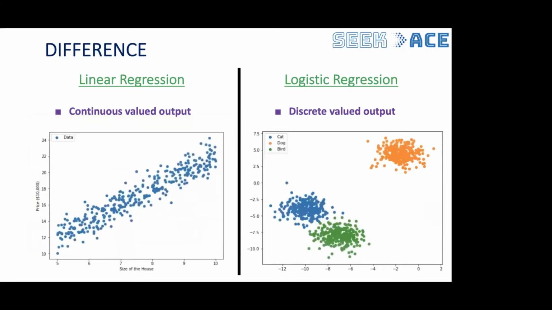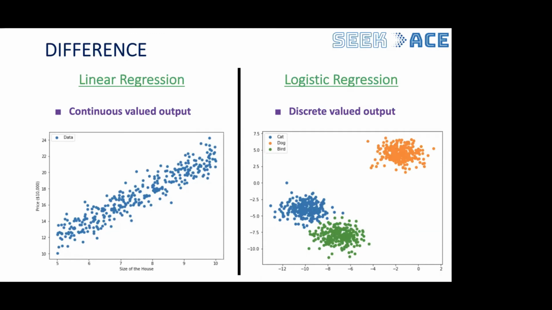So for continuous, we have seen this on the left side graph, where we can see that the house data and price have a linear relationship, and we can fit a line, and this is a continuous value output.